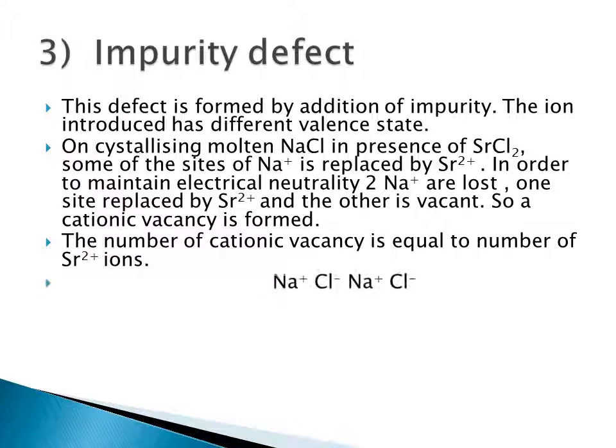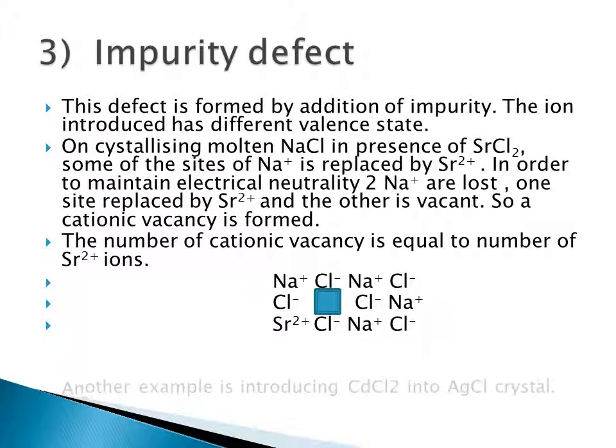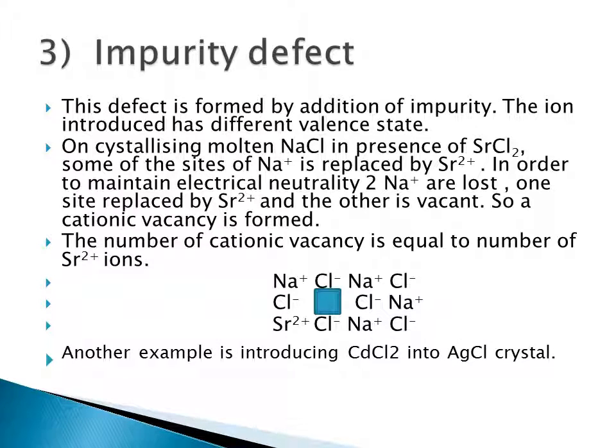In order to maintain electrical neutrality, one Na+ is lost, creating a vacancy, and one Na+ is replaced by Sr2+. Thus, the number of cationic vacancies is equal to the number of Sr2+ ions.